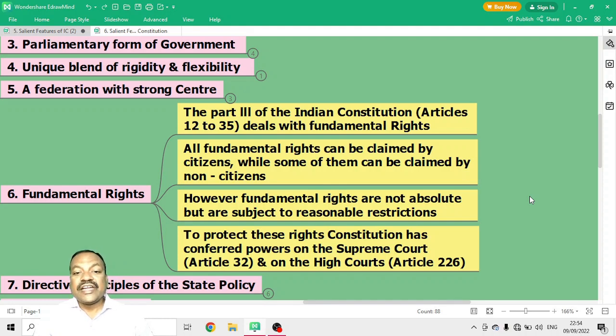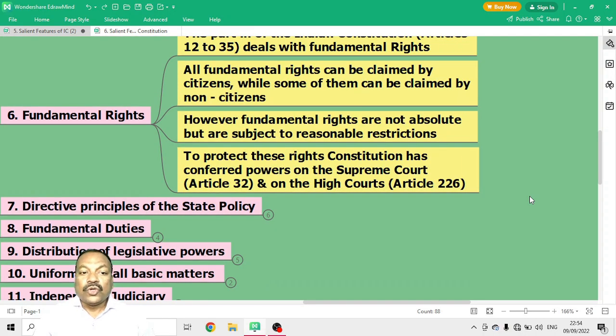However, fundamental rights are not absolute rights, but they are subject to certain reasonable restrictions. To protect these rights, the Constitution has conferred certain powers on the Supreme Court under Article 32 and on the High Court under Article 226.